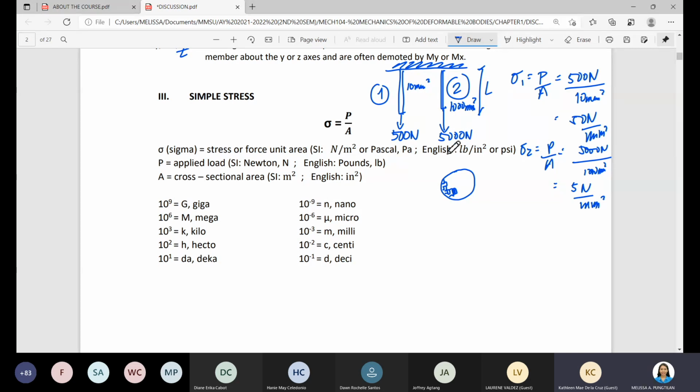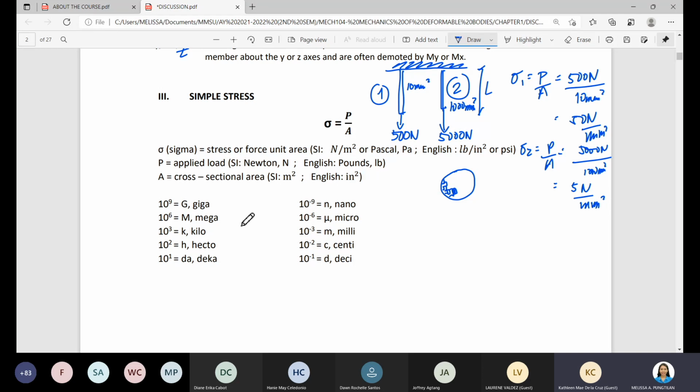And then sa English, pounds per square inches or PSI. And then yung ating applied load is denoted as our P. The SI, Newton. English is pounds. And then cross-sectional area, sa SI, square meter. And sa English, square inches.